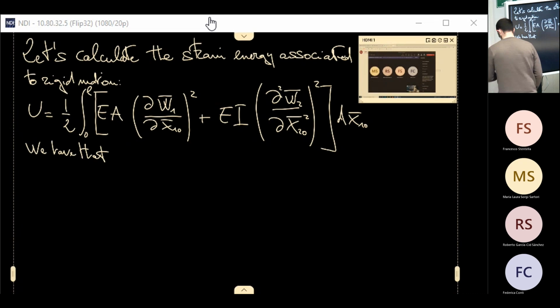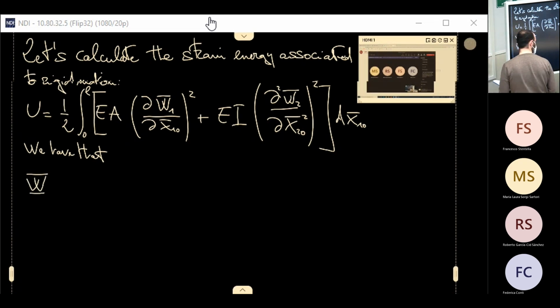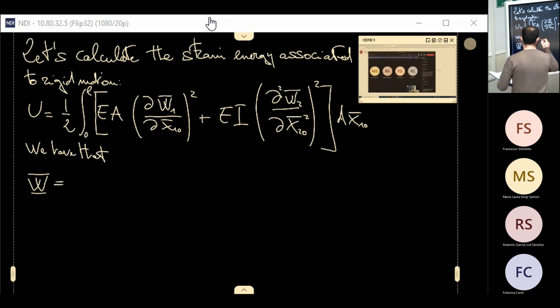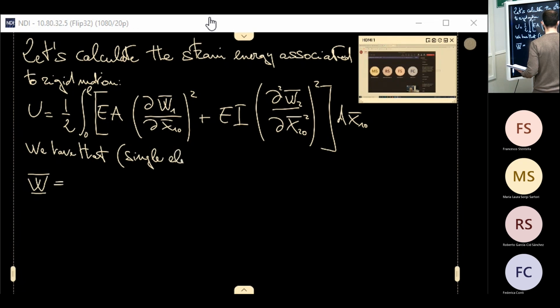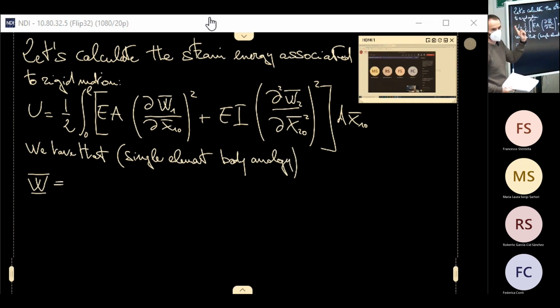So at this point, what we can do is to resort to the same description of W, the single element body analogy.